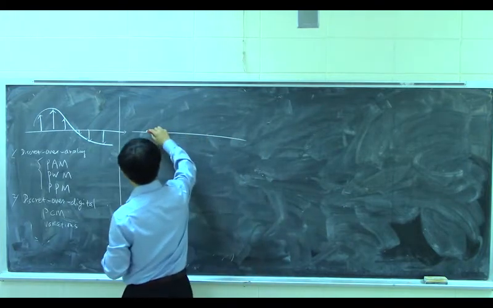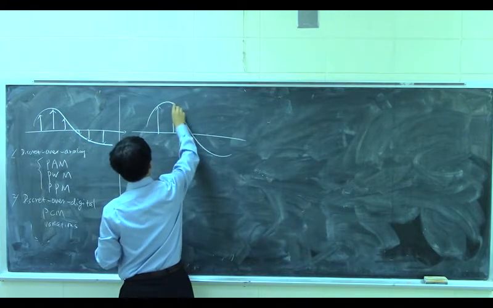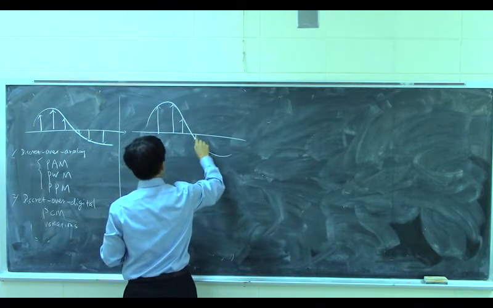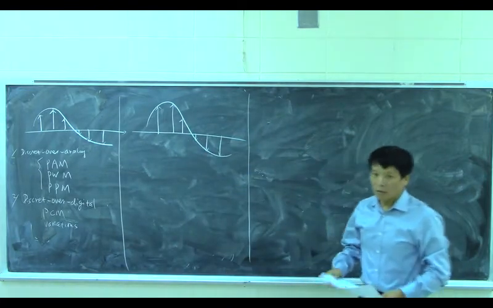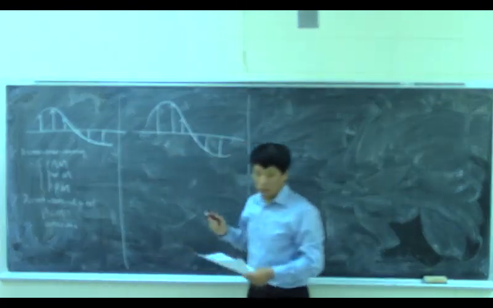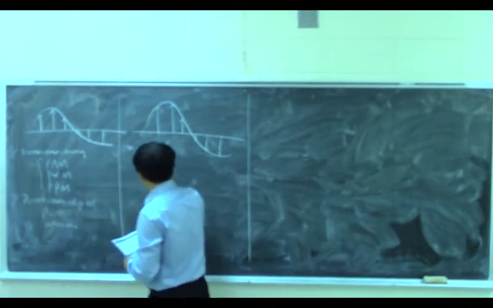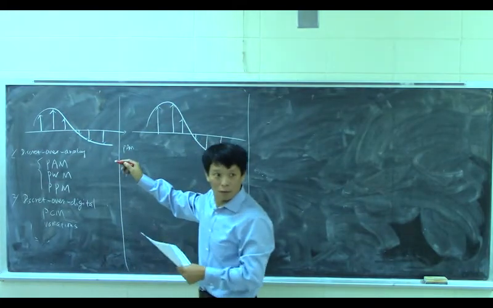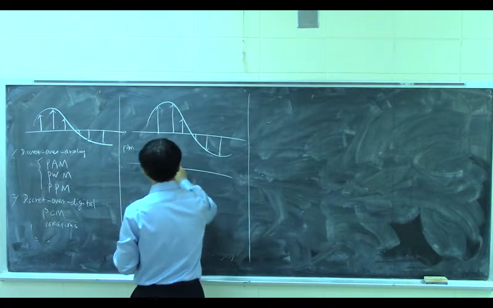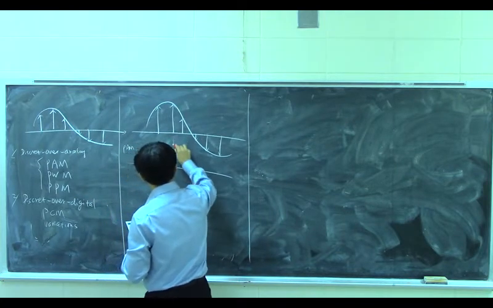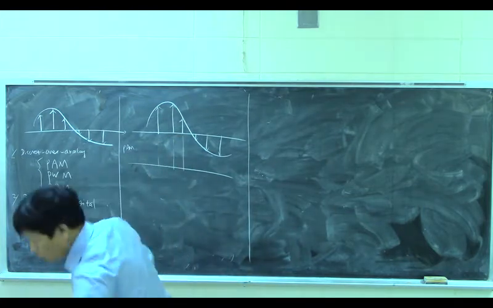Let me copy this. Once we get these discrete values, the first way is PAM, pulse amplitude modulation. How to do this? At this sampling time, it looks like this is not uniform. I need to make this uniform.